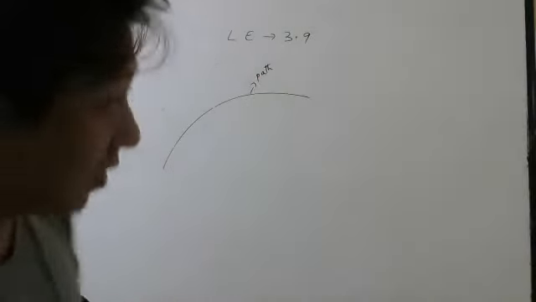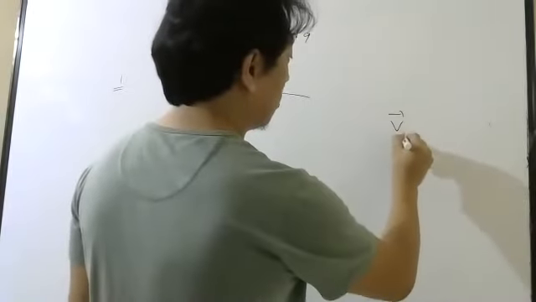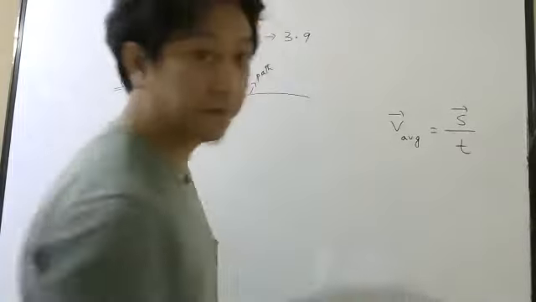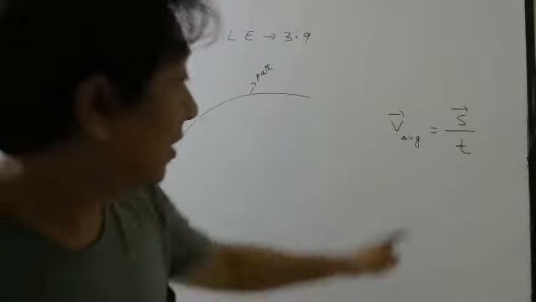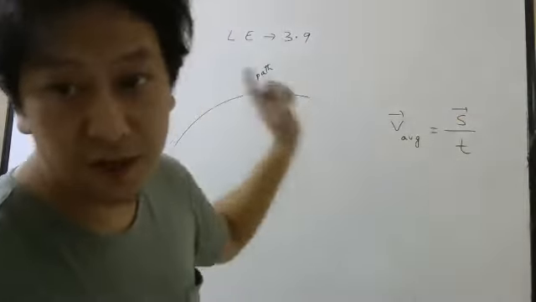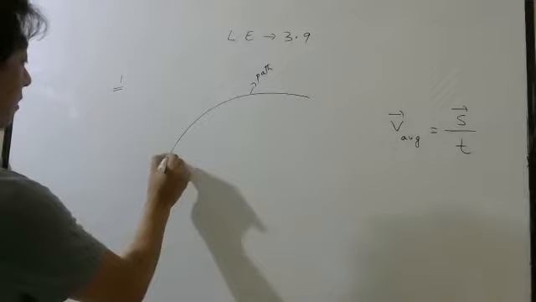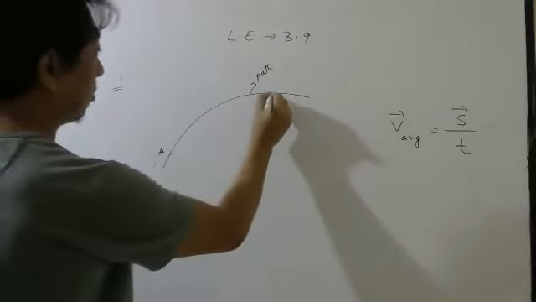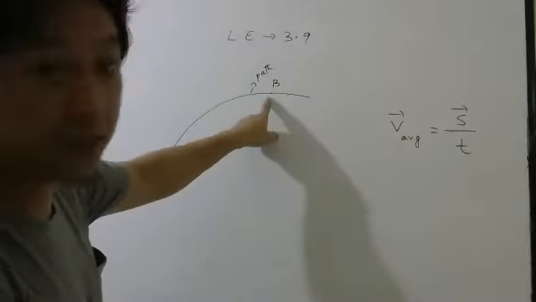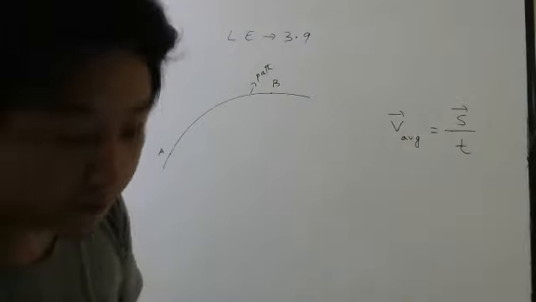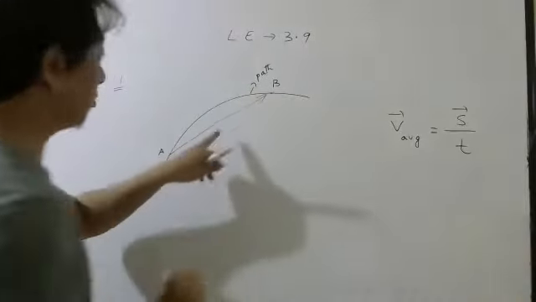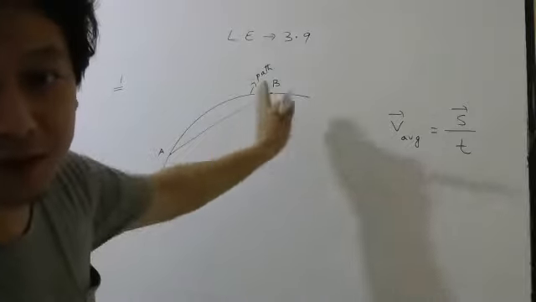then average velocity. What is the definition of average velocity? Displacement by time taken. So wherever will be displacement, there will be your average velocity. Let us say this is point A, this is point B. At time 0 it is here, at time t it is there. Then you all know this is your displacement vector, from initial position to final position.